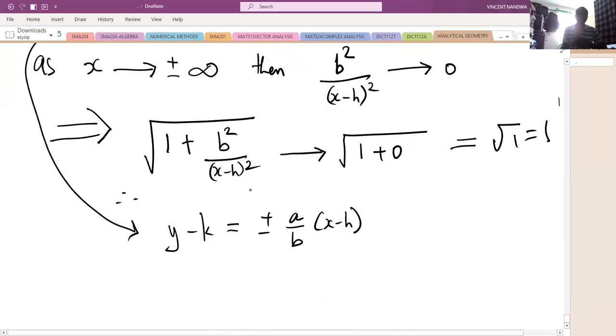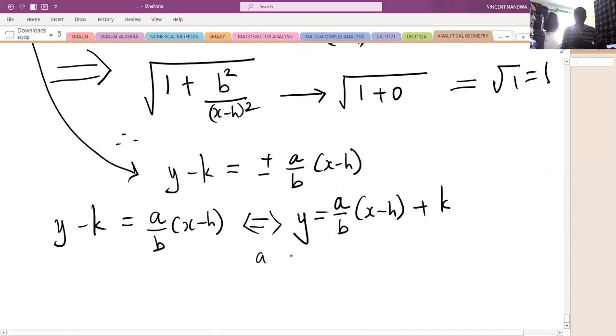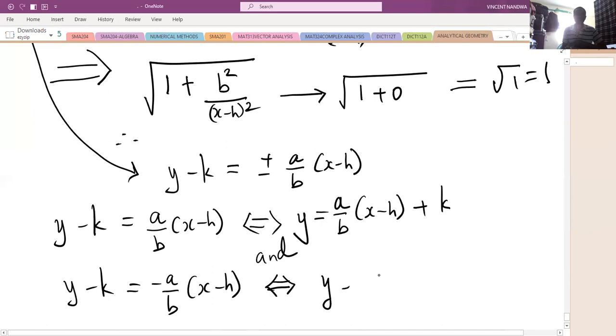So therefore, the asymptotes are y minus k equals a over b x minus h, which is the same as saying y equals a over b into x minus h plus k, and y minus k equals negative a over b into x minus h, which is the same as y equals minus a over b times x minus h, then plus k.